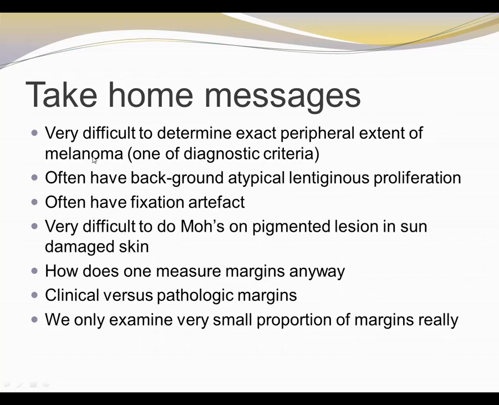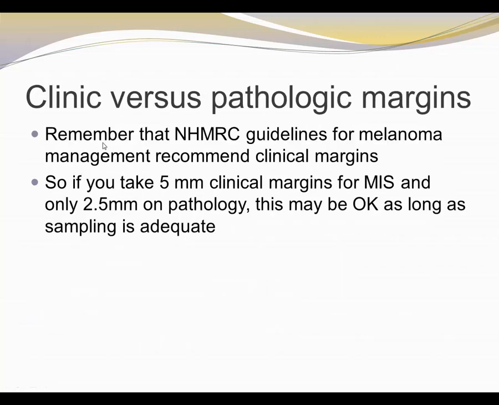So for all these reasons, one can't be too dogmatic about wanting 5 millimeters rather than 4 millimeters or 3 millimeters or whatever on these pigmented lesions. One's got to take the clinical picture into account. Just wanted to finally remind you that the NHMRC guidelines for melanoma management recommend clinical margins.